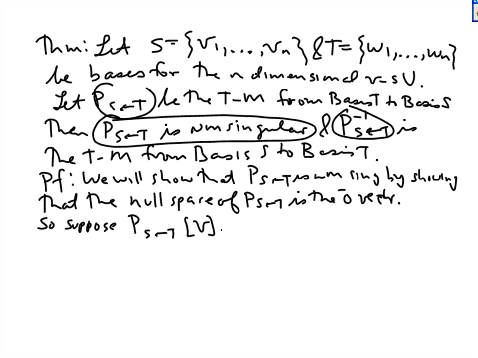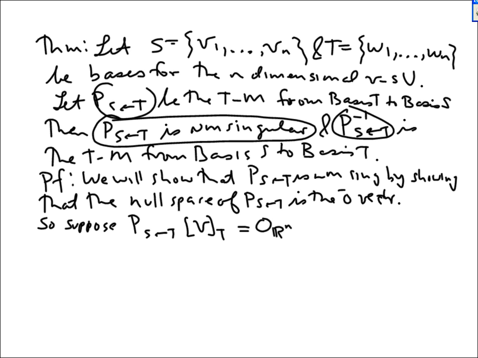Suppose some coordinate vector of v with respect to T is sent to the zero vector, which is always going to be in Rn.